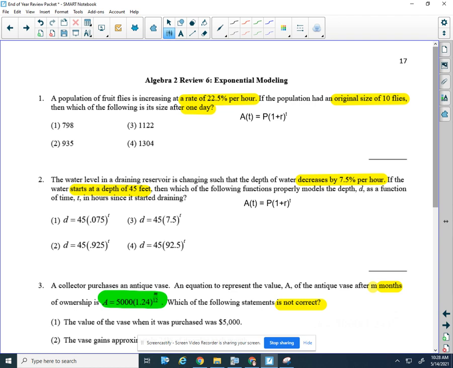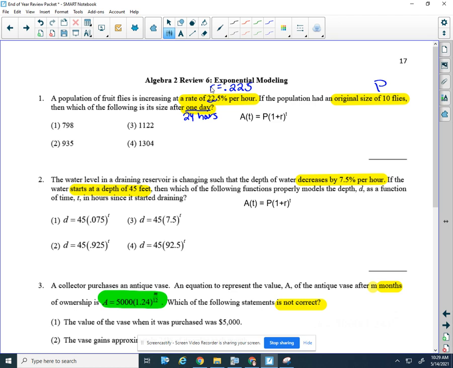This is just the simple interest rate. So here's our R. And remember, you have to move the decimal 2 places to the left, so it's 0.225. Here's our original size, that's our p-value. And the last thing they want to know as far as time goes, 1 day is 24 hours. Remember, this is increasing per hour.